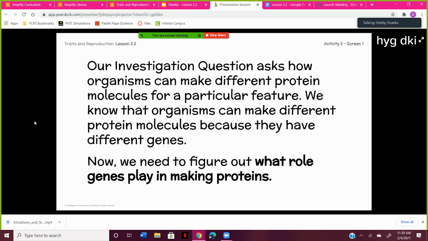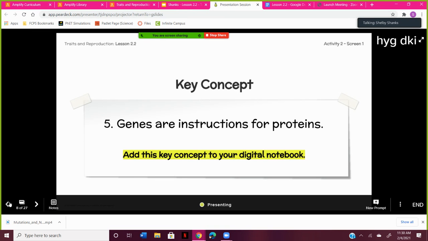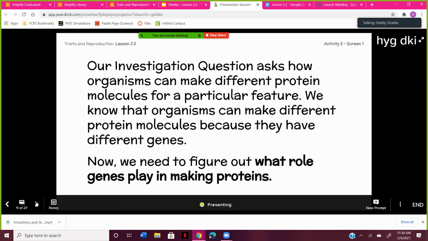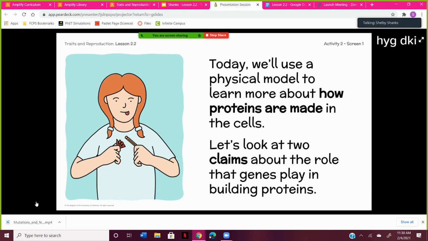But now we're going to try and figure out what role those genes play in making proteins. All right, so we know from this key concept that genes are the instructions for proteins. But our two claims that we're going to look at in a second are going to go a little bit more in depth on what role those genes actually play.